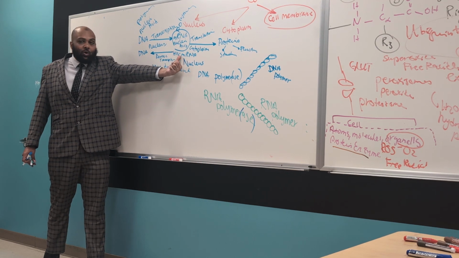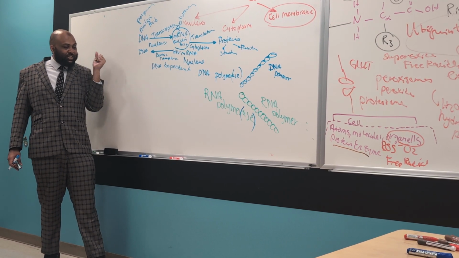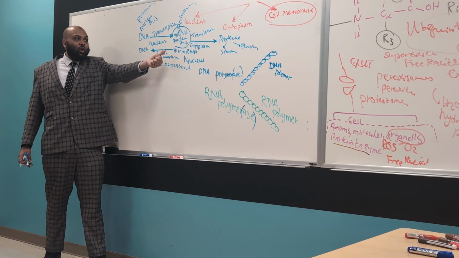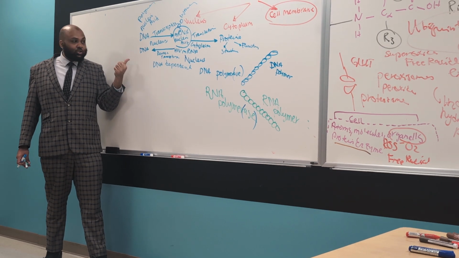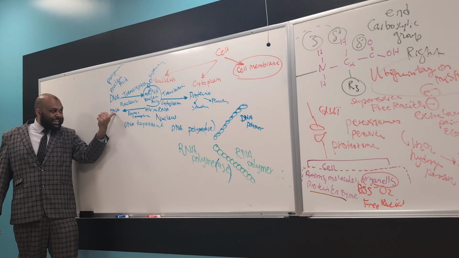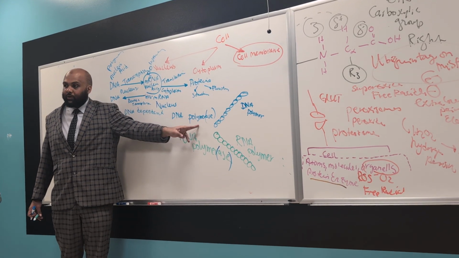So now it's going to go in this direction. So if it goes in this direction, what am I using? Am I using a DNA polymerase or an RNA polymerase? DNA polymerase. So you have to look at what the arrow is pointing to. If the arrow is giving me DNA, I'm polymerizing DNA, I use DNA polymerase.